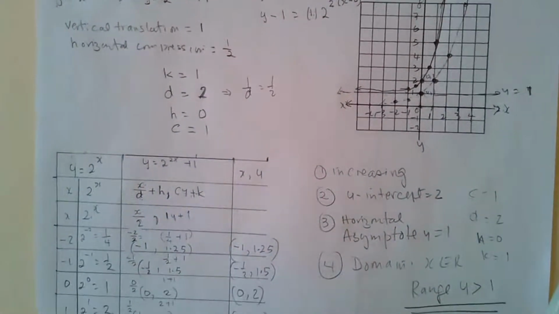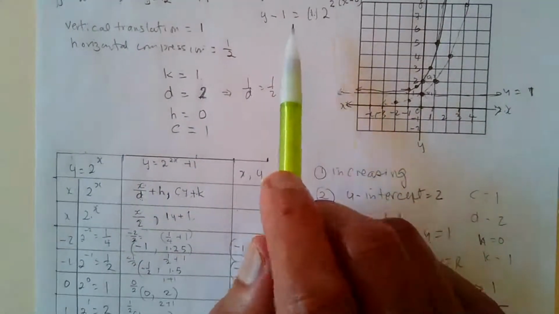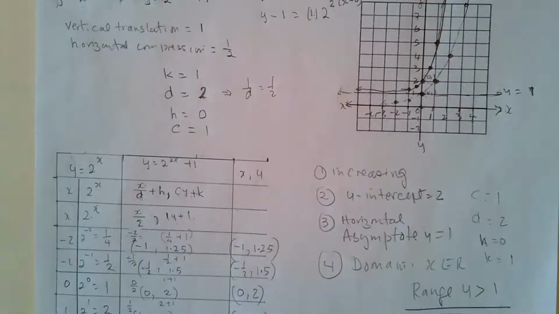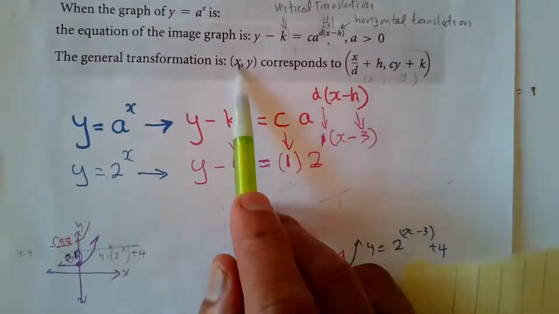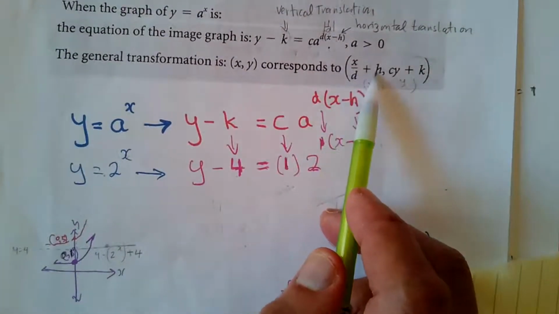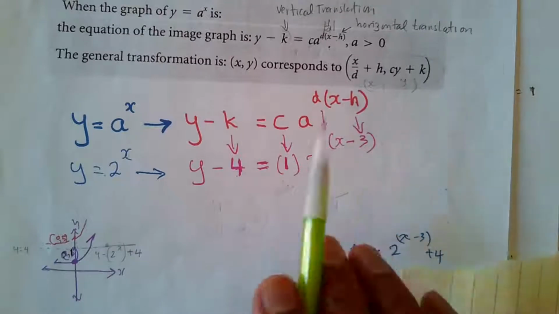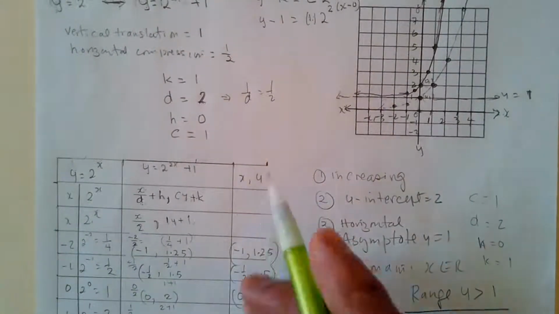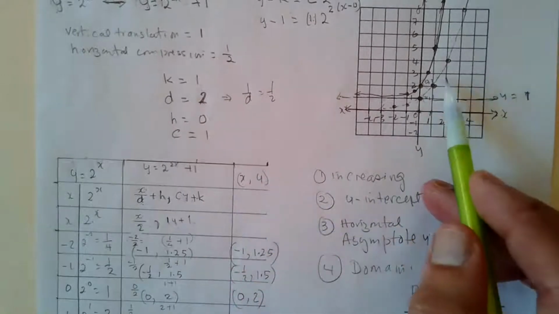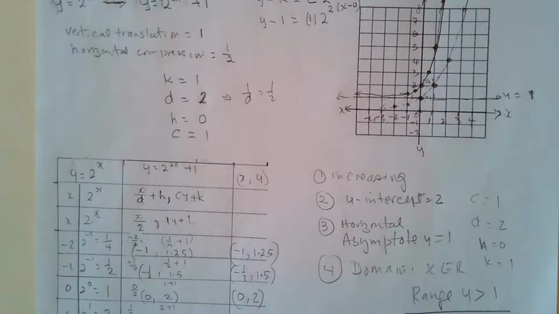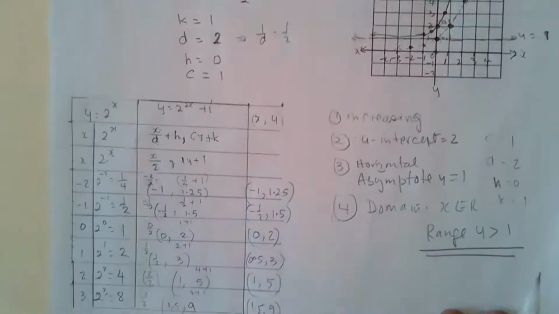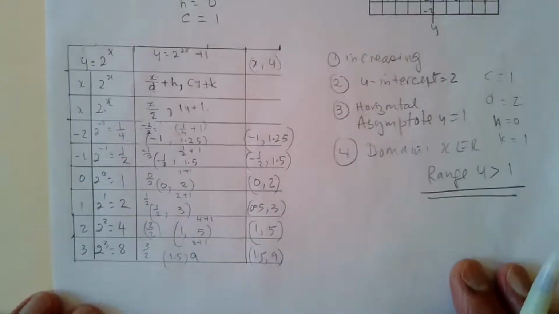And I showed you how you can use the general transformation, which is (x, y) goes to (x over d plus h, cy plus k), to find the coordinate points for the transformed exponential function, which was a lot of work.